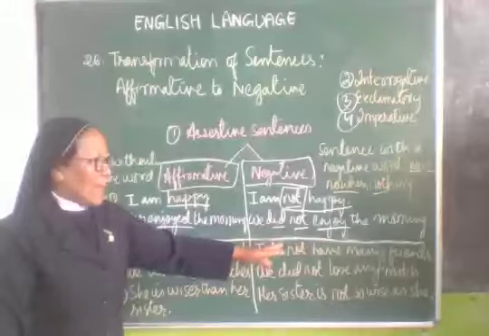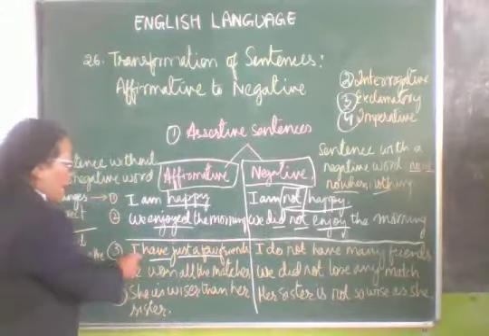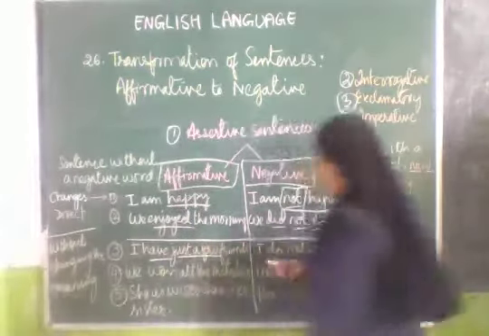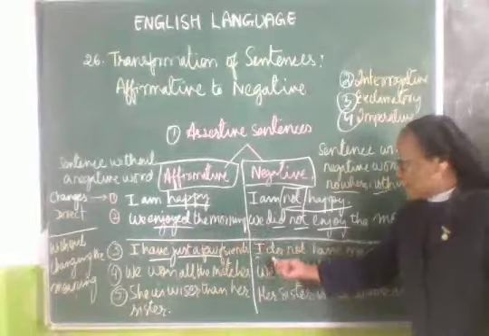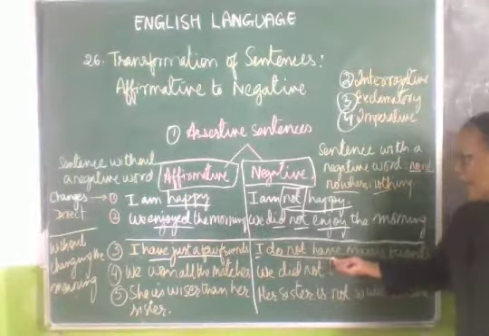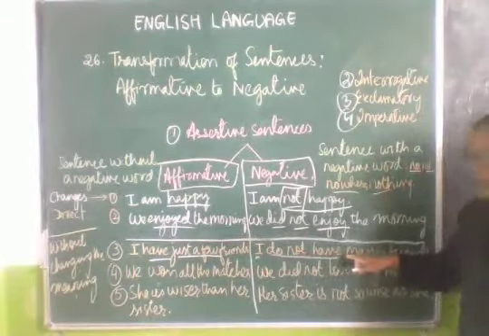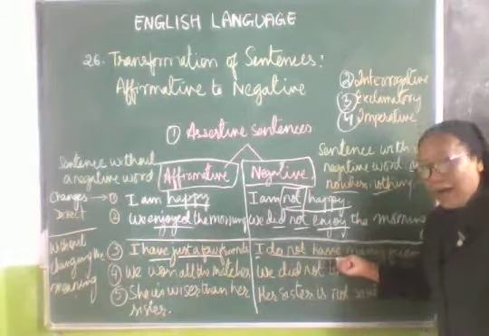I do not have many friends. See here. I have just a few friends, whereas in the negative, you see here, I is the subject, do not have. So here I have, here I do not have. I made it negative, of course, not have, and then many.